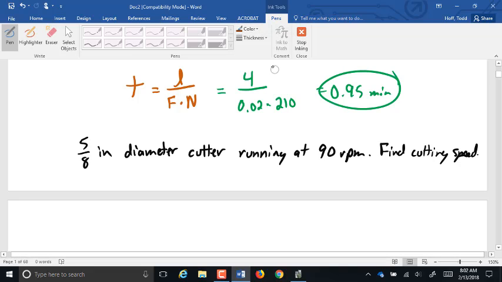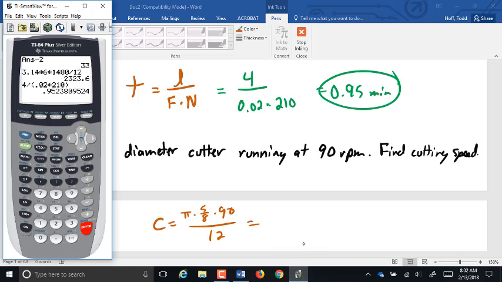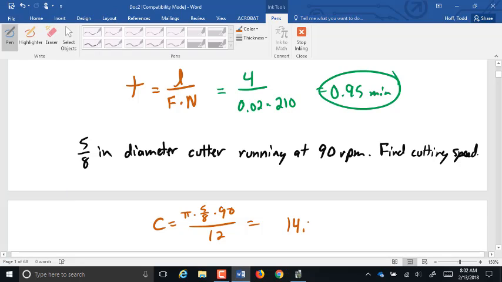So the cutting speed here is going to be pi times the 5/8 times 90 over 12. That doesn't sound too bad. That's what I'm getting, 14.719. 14.72 feet per minute, we'll call it.